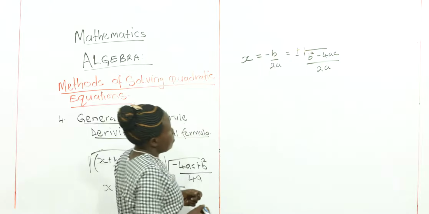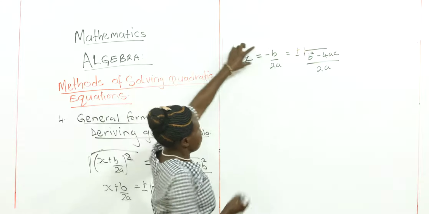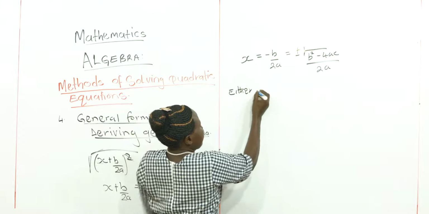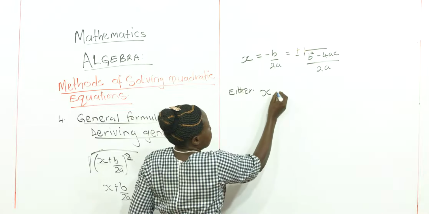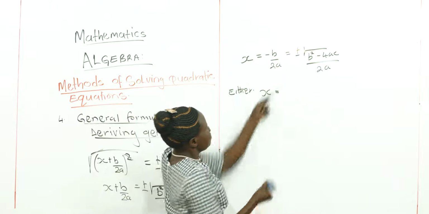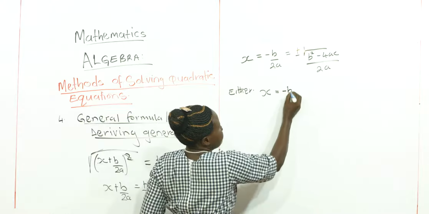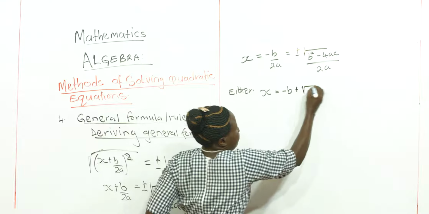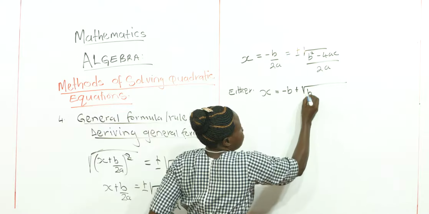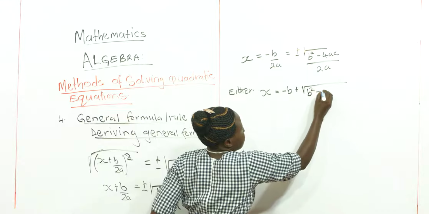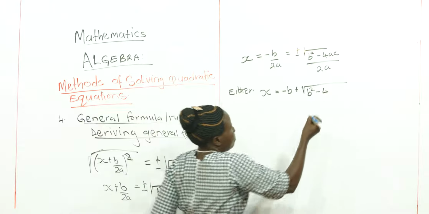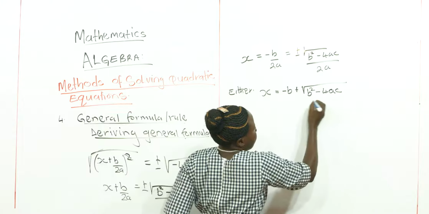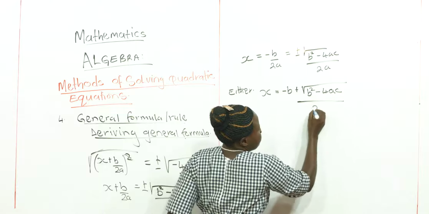So now when you look at this, you will say either x equals to negative b plus the root of b squared minus 4ac, all out of 2a.